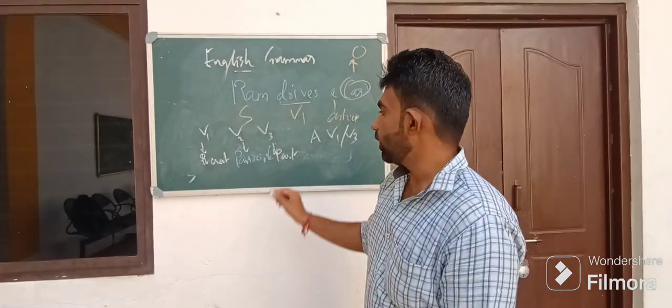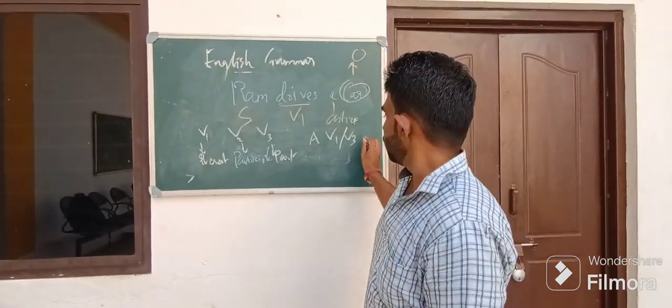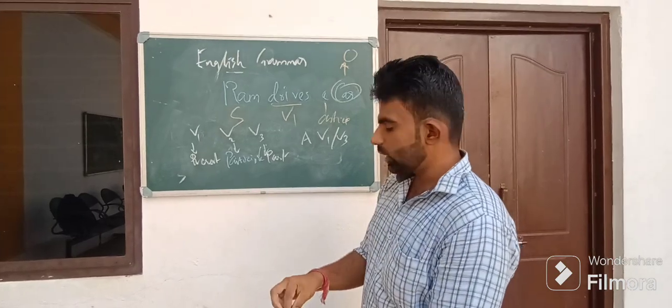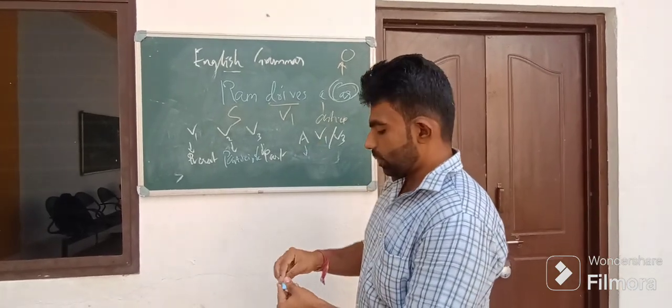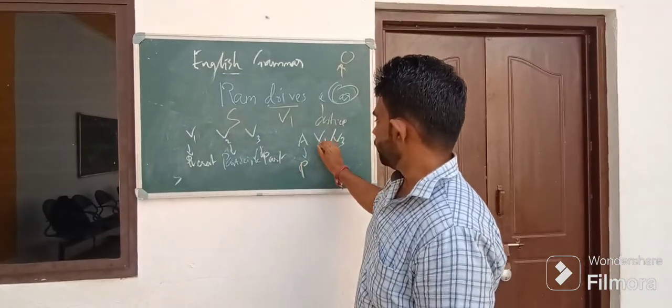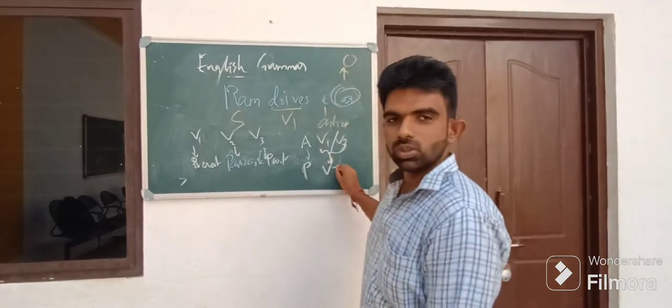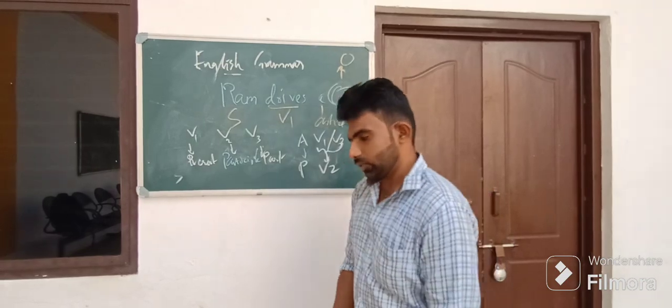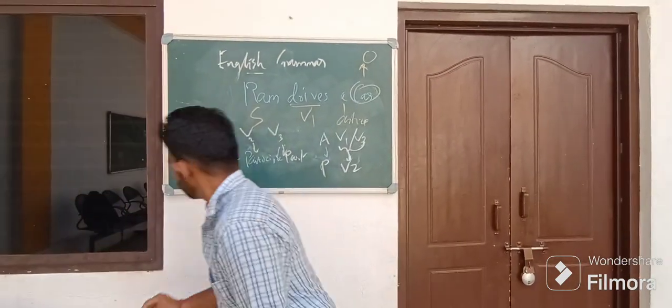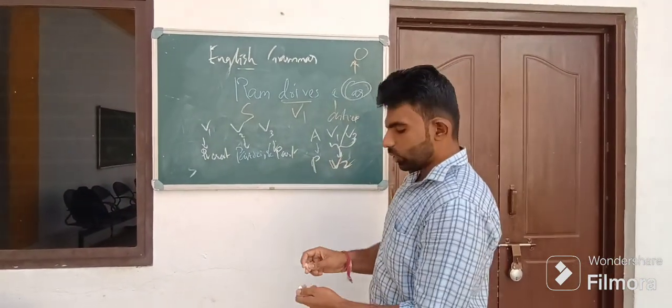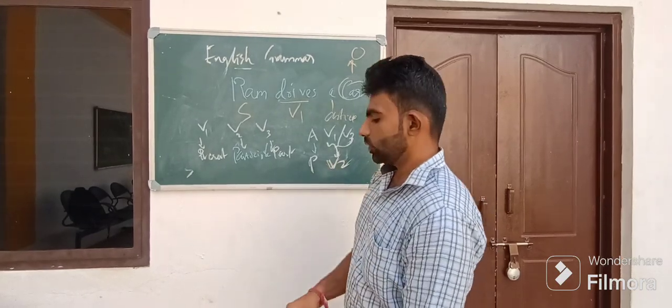It will never be in V2 form. So whenever an active voice is converted to a passive voice, V1 or V3 forms of verbs will be converted to V2 form. That's all about it. There is nothing much to V2 form. And how can we identify V2 form? It's really easy.